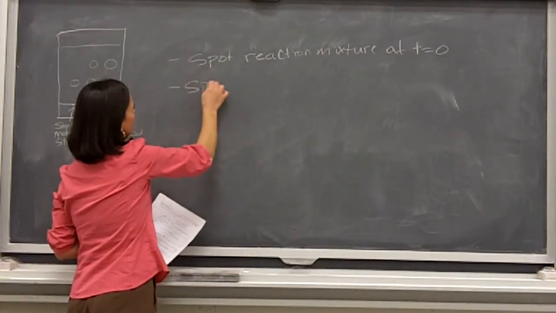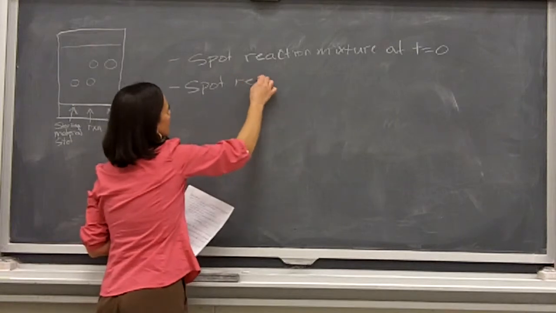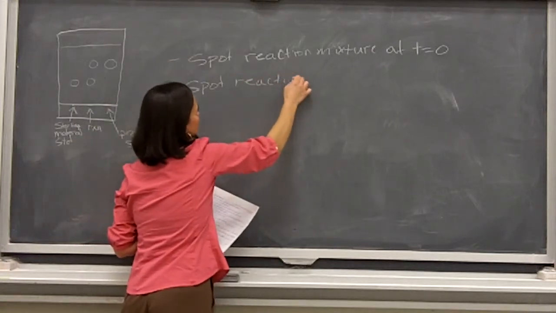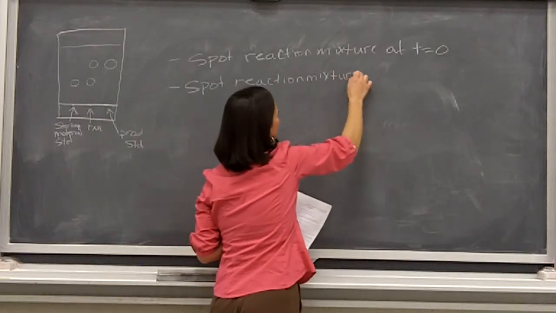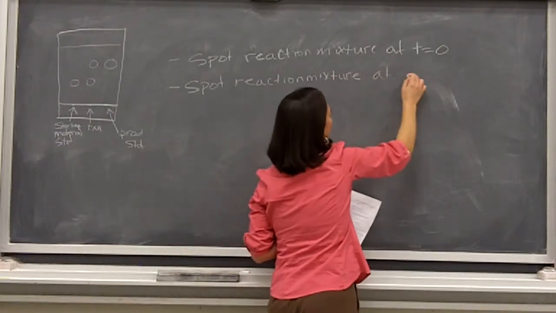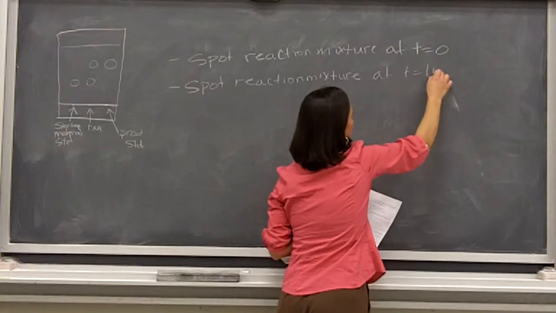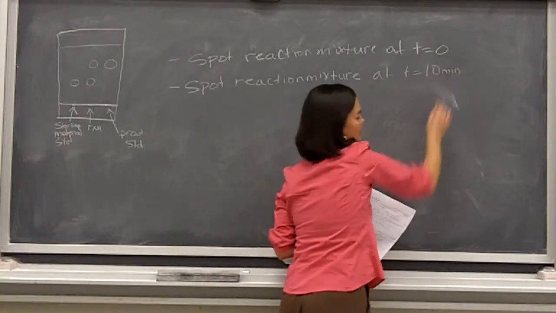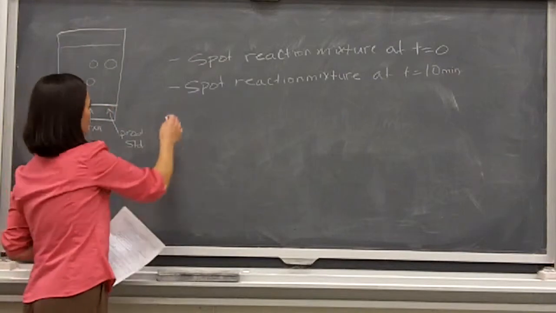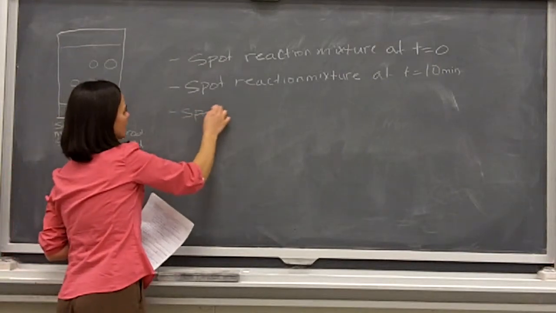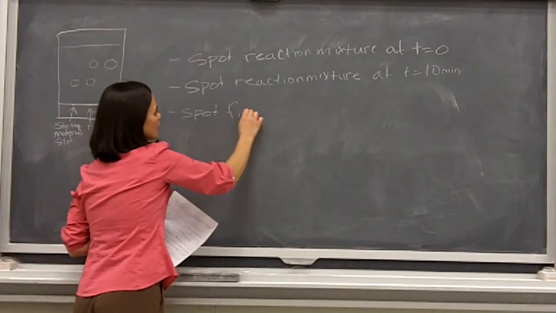And then you're going to spot the reaction mixture at time equals 10 minutes, because you're going to reflux for 10 minutes. So at the end of your reflux, you're going to spot your reaction mixture. And then you're going to spot your final product.